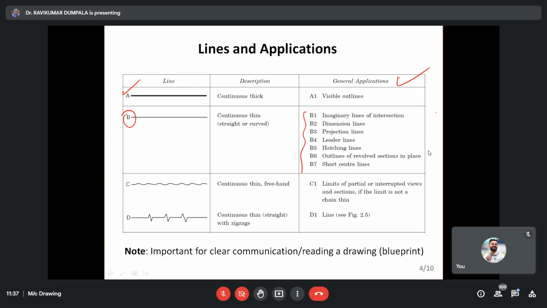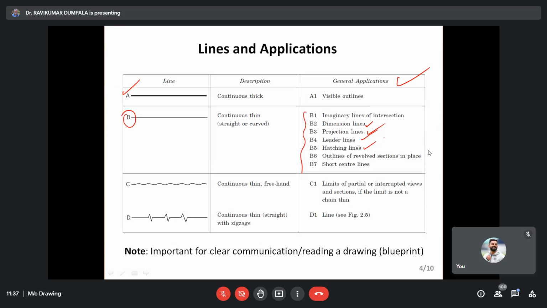The most commonly used is dimension lines, and they are important and significant. They help you show the dimensions correctly. Then projection lines, leader lines, hatching lines. You might not have used hatching lines in your engineering drawing, because when you cut the component and see the section, only then do we use these hatching lines.